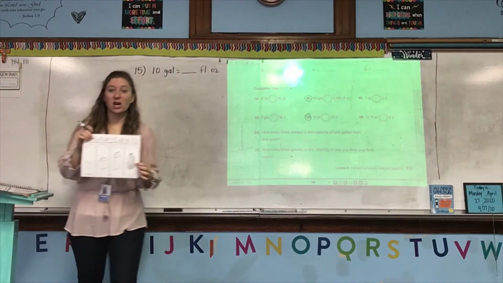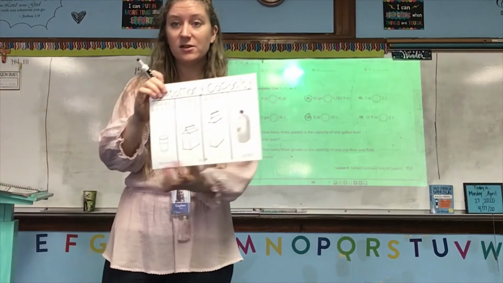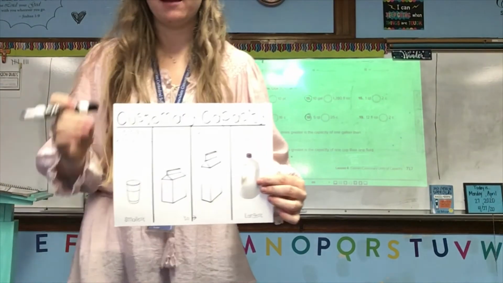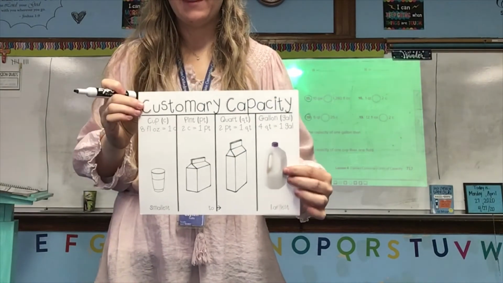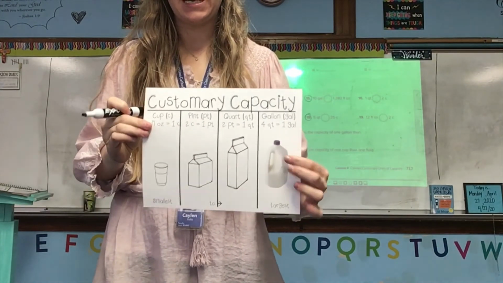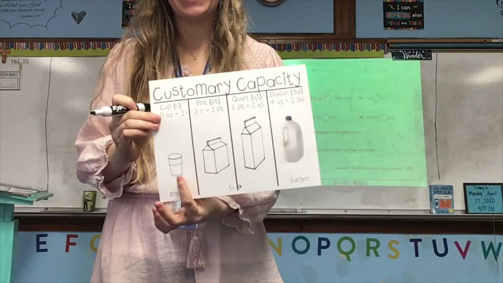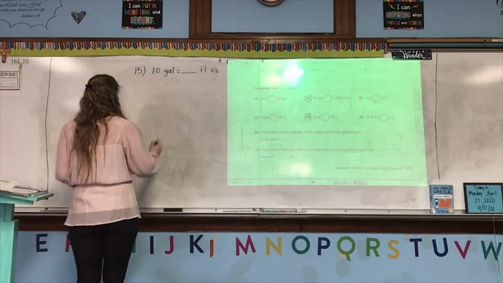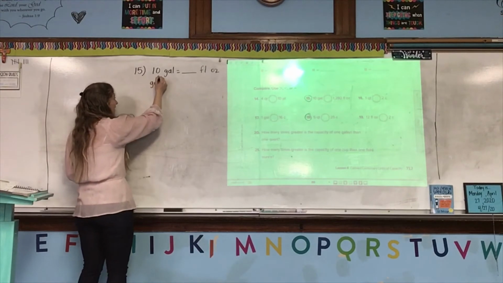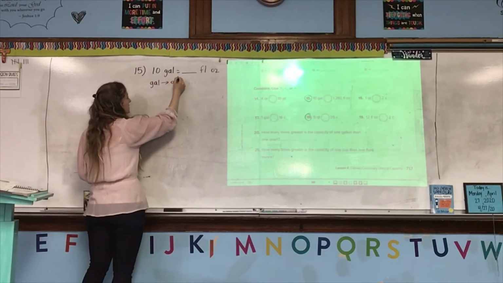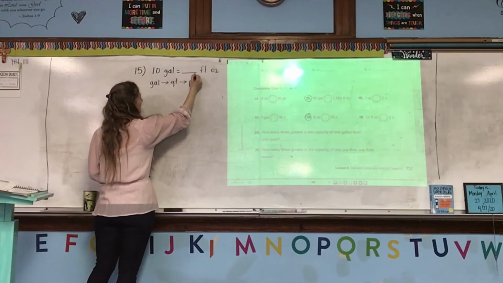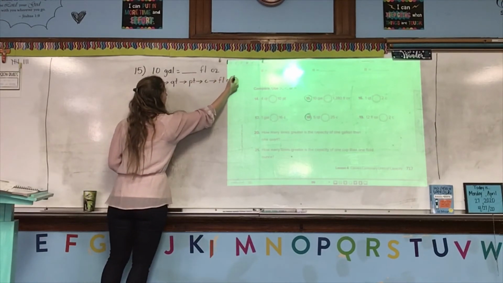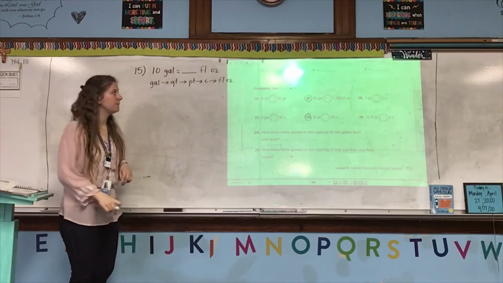Again, if we look at our chart, we do know that we're going from big to small, so we will be multiplying. We can also see, we imagine fluid ounces are here, that in between fluid ounces and gallons are quarts, pints, and cups. So that means for this problem, we're going to have to go from gallons to quarts to pints to cups, and then finally to fluid ounces.